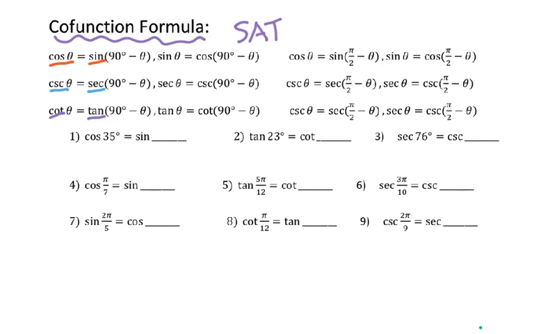If this is a degree, you want to change any function into its cofunction, we do 90 degree minus this theta. For radian, we use pi over 2 minus that angle. You will get its cofunction of that angle. Or you can interpret this in this way.